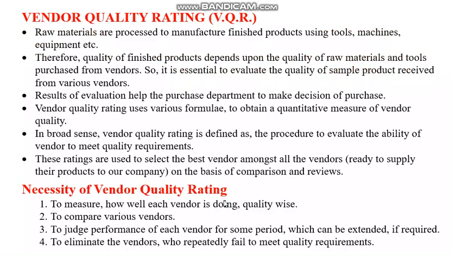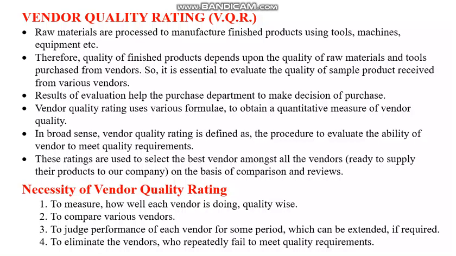Now in this chapter we come to the last topic. This is vendor quality rating, VQR. If you say vendor, who is a vendor? A vendor is a person who supplies you the raw materials, and other supplies, tools and machines and other things.